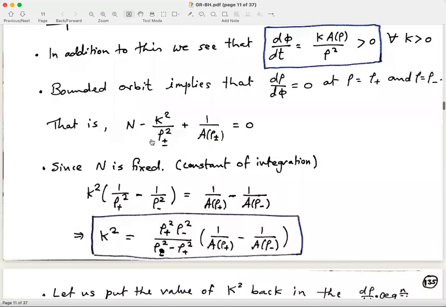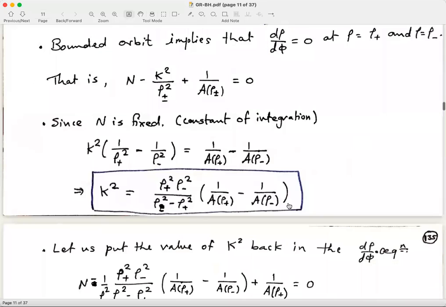So what we will do is take this equation, and if you subtract it for rho plus and rho minus, the n gets eliminated. We get this expression, and using it we can determine k. So this is the value of k.